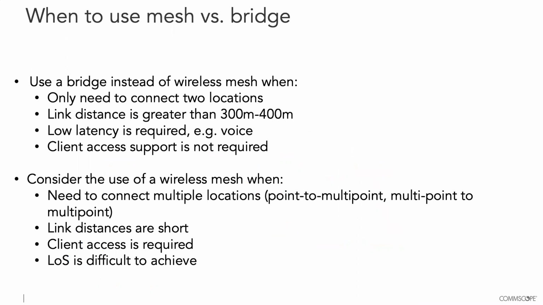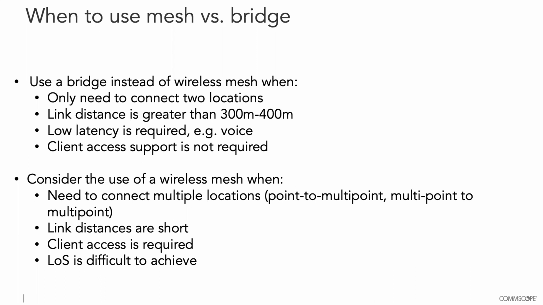And then there's the topic of when do we use mesh versus when do we use a bridge. Basically, in many cases, the bridges are going to give you a longer range of connectivity. Also, some bridges are only available in a point-to-point configuration where I can only have 2 radios, one on either end, and it's basically like a virtual wire.